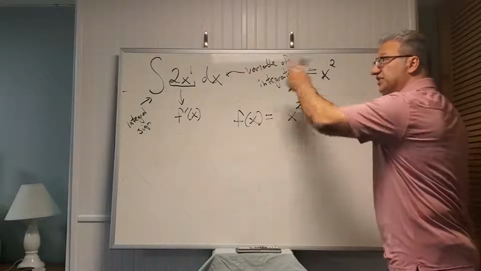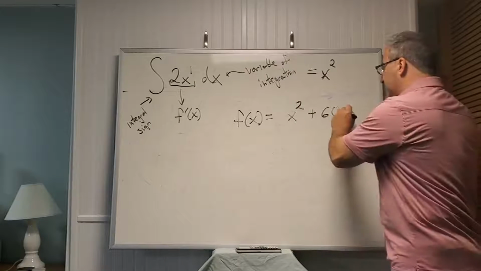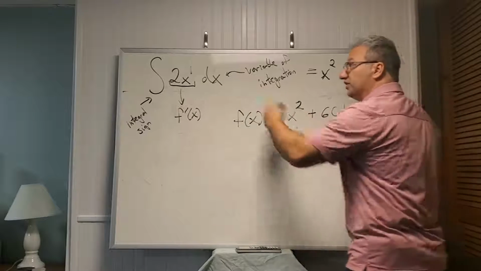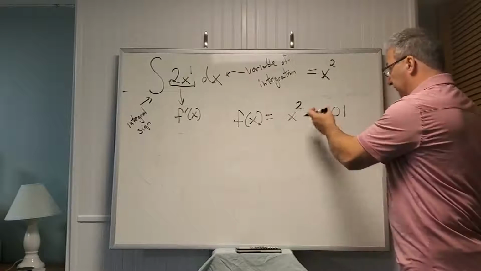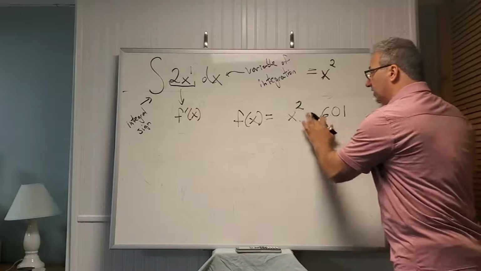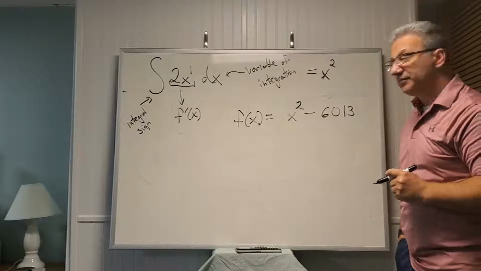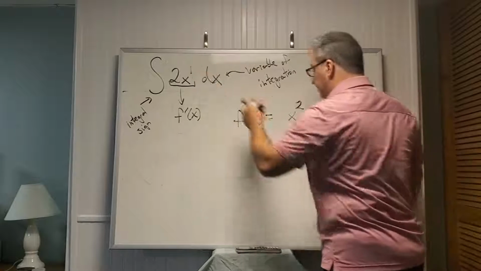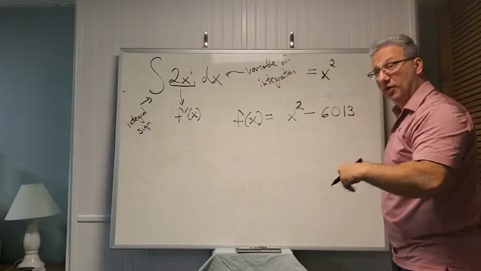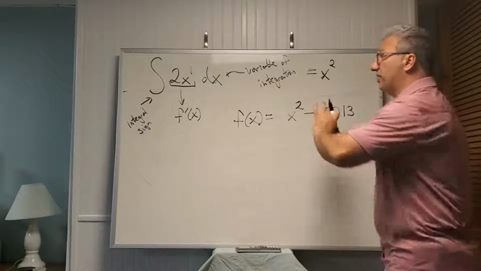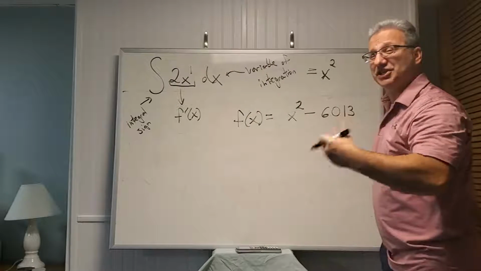The derivative of 60 is 0, so it's gone. What if I said it was x squared plus 601? The derivative of x squared is 2x. The derivative of 601 is 0. What if it was x squared minus 6013? The derivative of this is 2x. The derivative of this is 0. I hope you're getting the point. There could be a constant that upon taking the derivative vanishes.